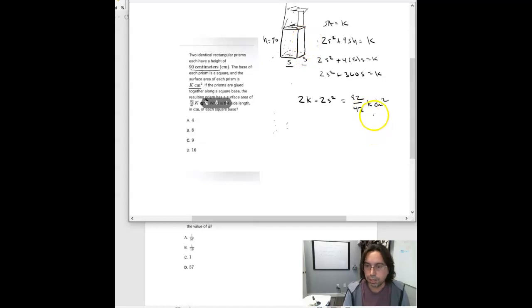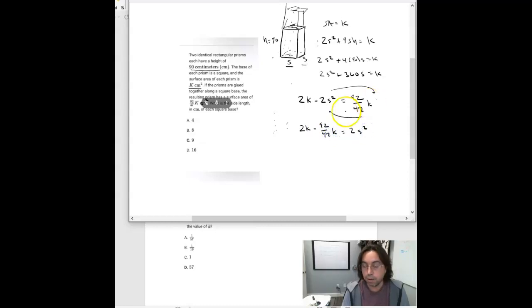So what I can then do, let me see here. We know the k's are the same unit, so we're just going to get rid of the centimeters squared. I can move this over here and then move this over here to make that positive. So now that's going to read 2k minus 92 over 47 k equals 2s squared.